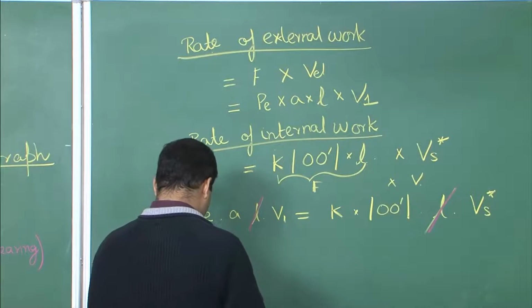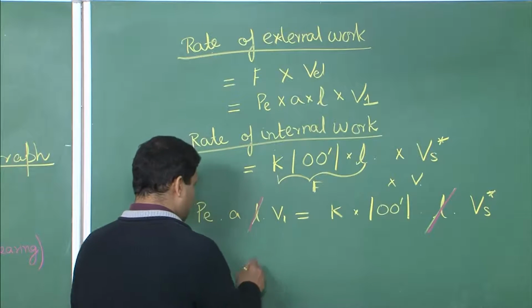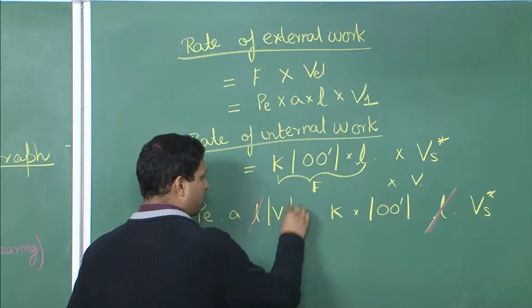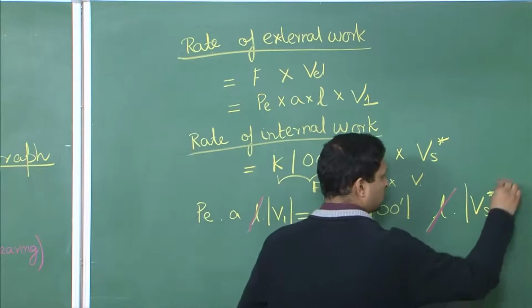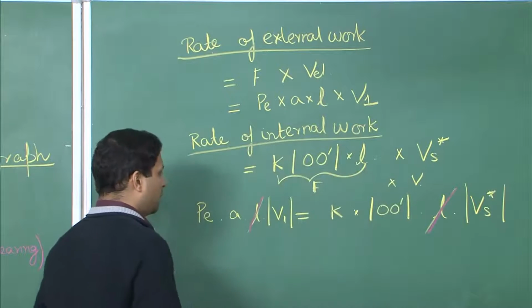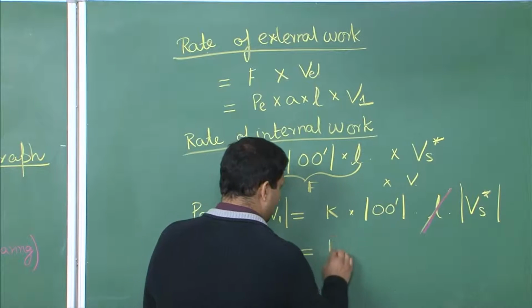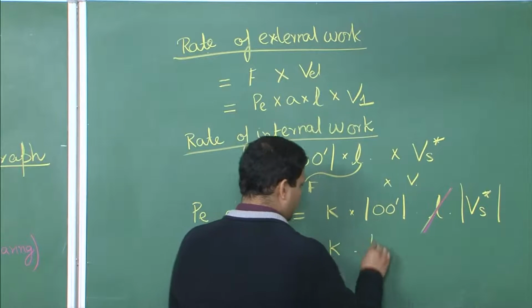So, now we have over here like this, and to ensure that we are talking about magnitude, we can put the modulus like this, and we can say P_E is equal to K times.